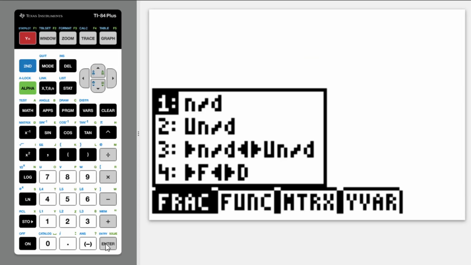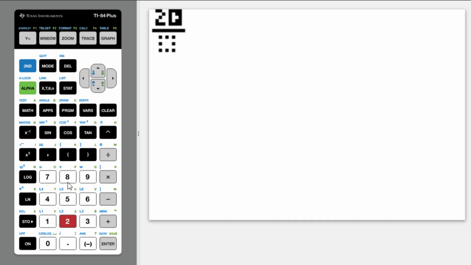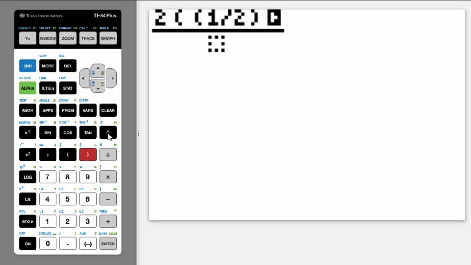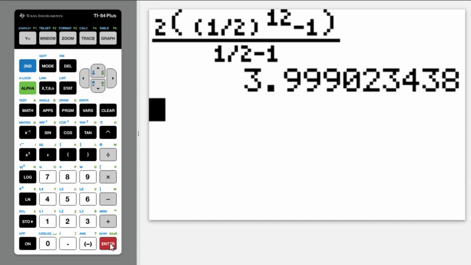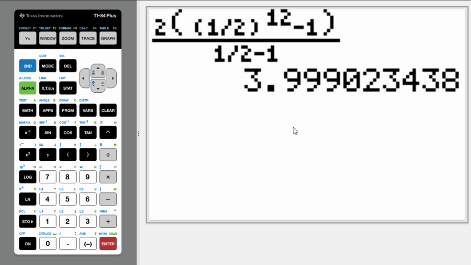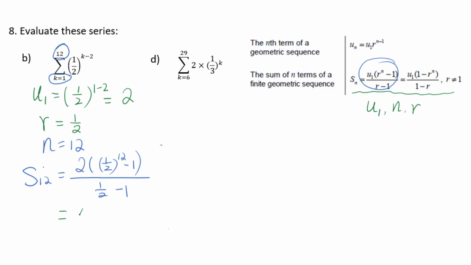Alpha y equals, 2 times 1 divided by 2 to the 12th power, then minus 1 over 1 divided by 2 minus 1. Enter. The answer is 4.00. Equals 4.00.